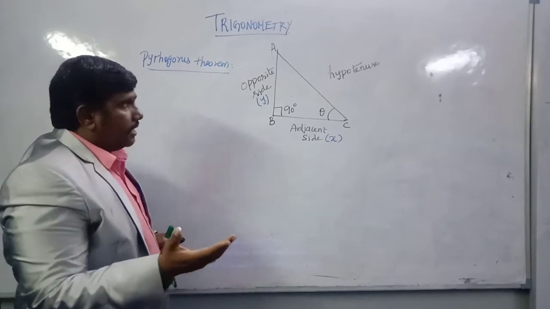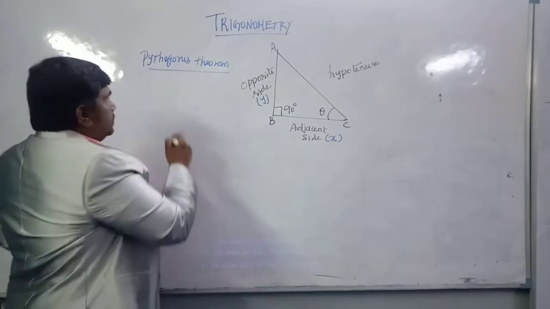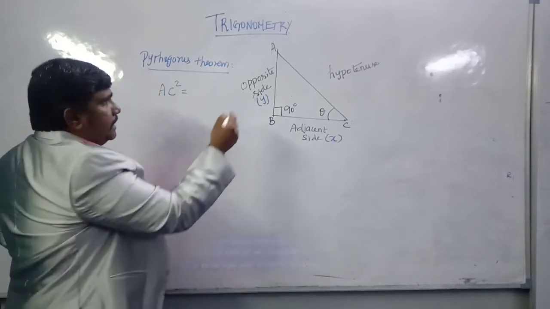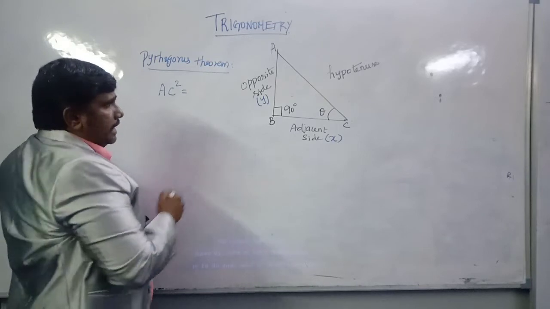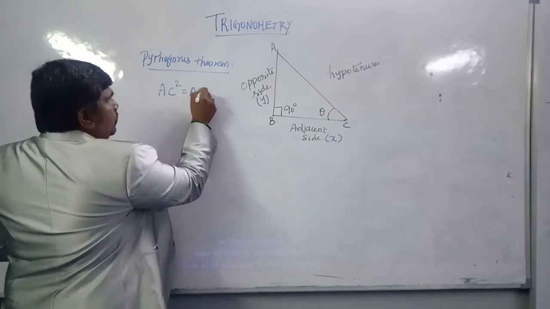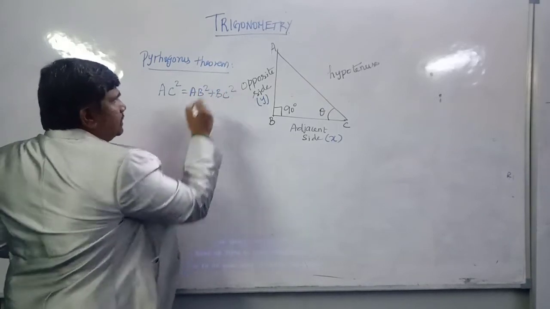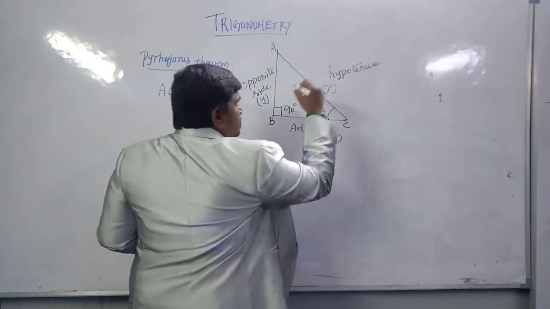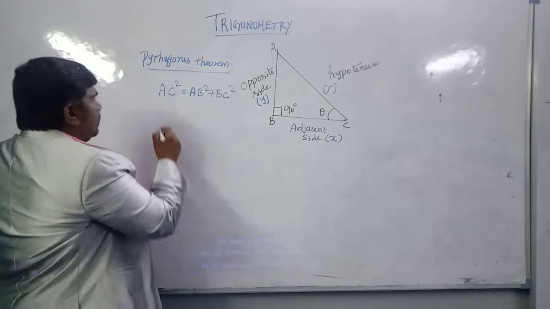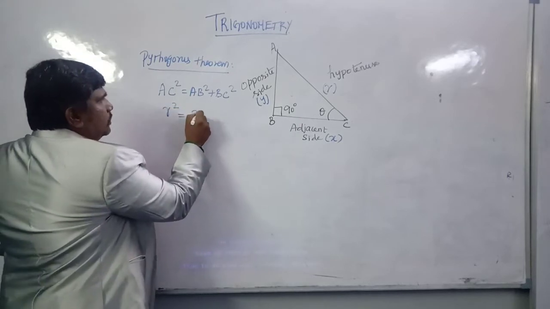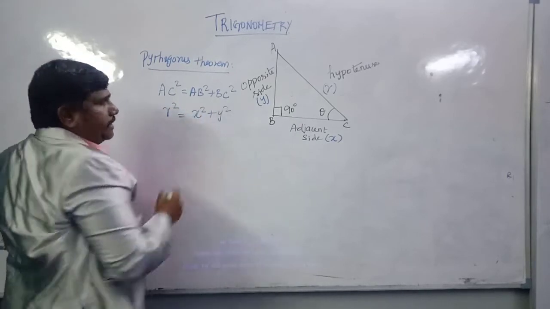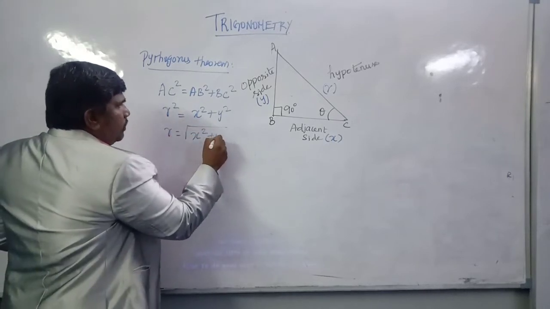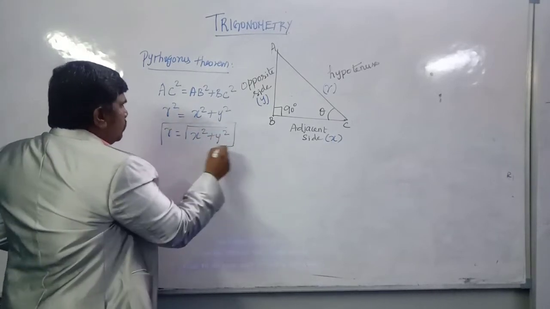So the square of the hypotenuse, AC square, is equal to the sum of the squares of the other 2 sides, AB square plus BC square. If I denote the hypotenuse with r, then r square is equal to x square plus y square, or r is equal to the square root of x square plus y square.